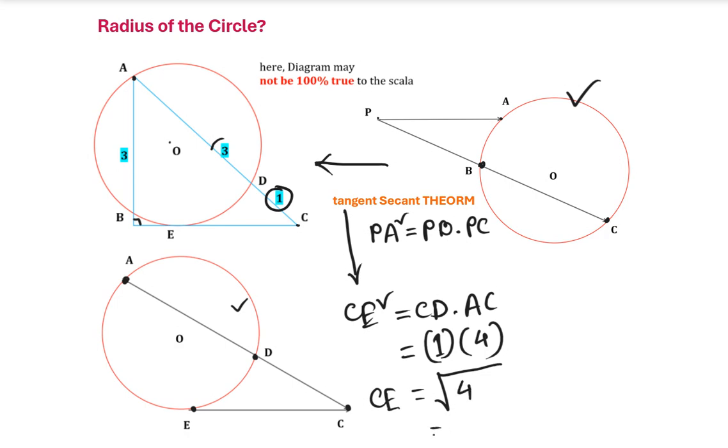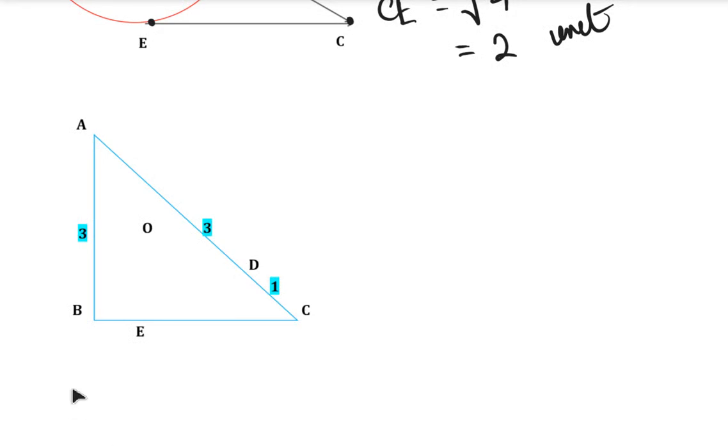So CE is 2 unit, this length from E to C is 2 unit length.